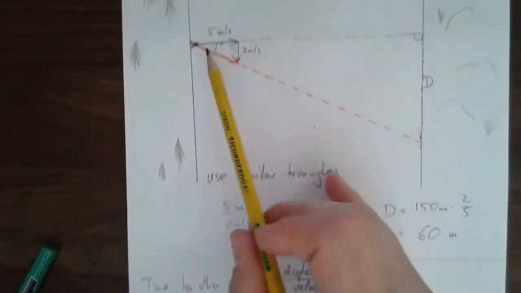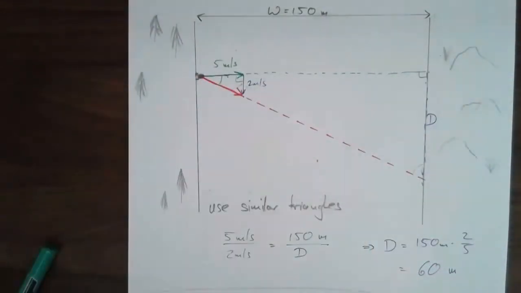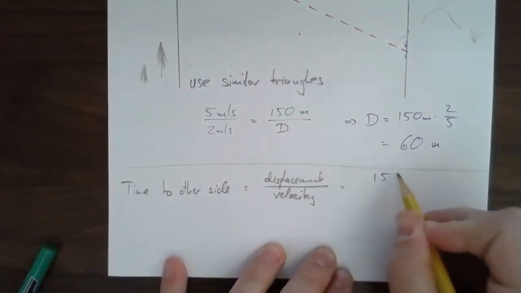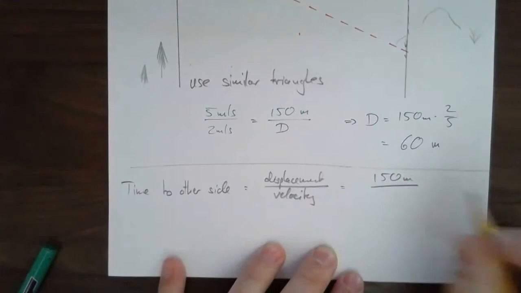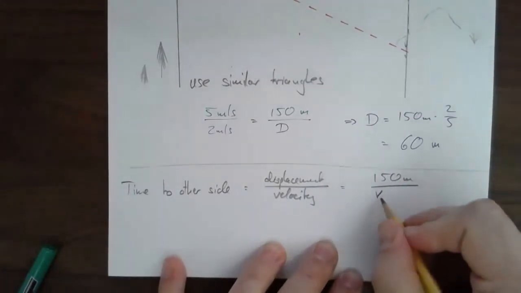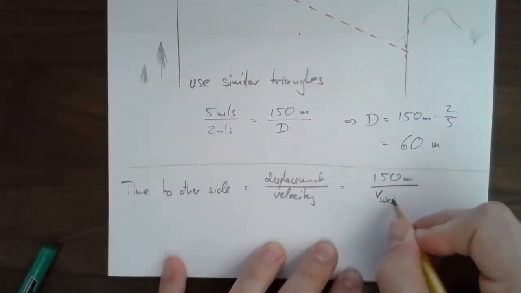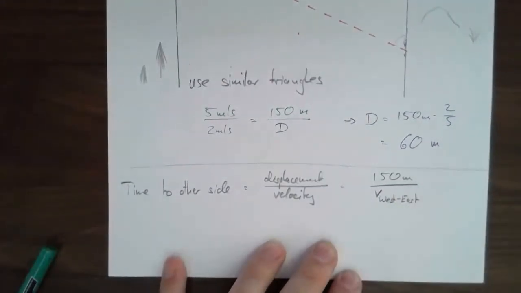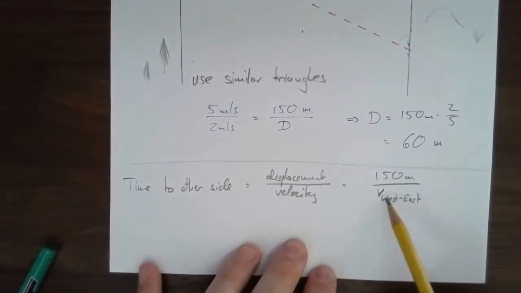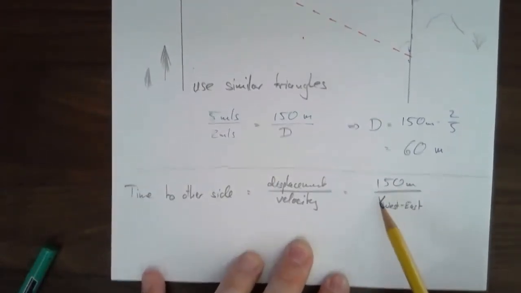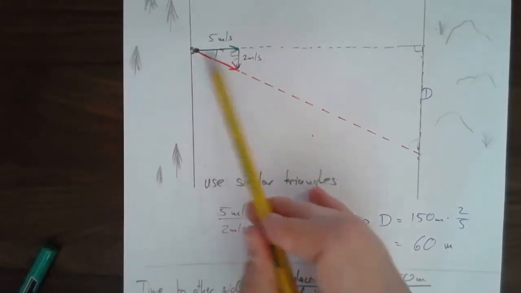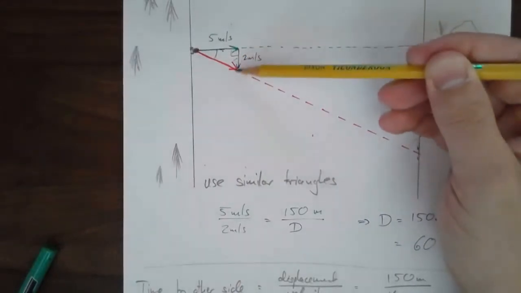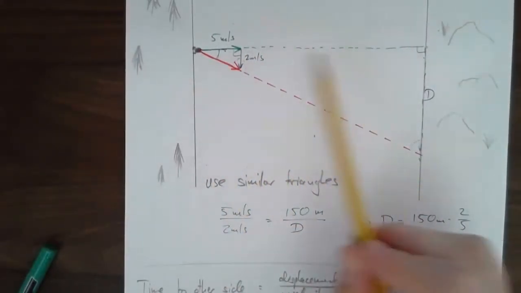Now in this case, I only care about the west to east displacement. So I'm going to say this is 150 meters divided by the velocity, write it like this, west, east. I haven't defined it, but by labeling it this way, this is unambiguous. We say this is the west-east component of the overall velocity, which also happens to be the component due to the engine, because the river just takes us south, the river does not contribute to any motion left or right.